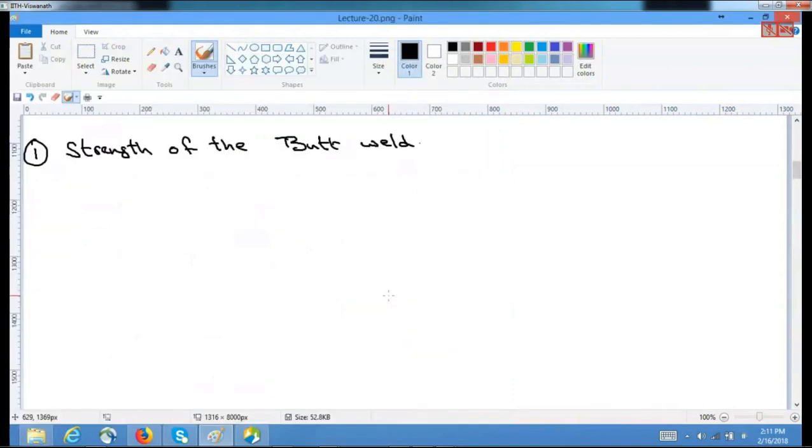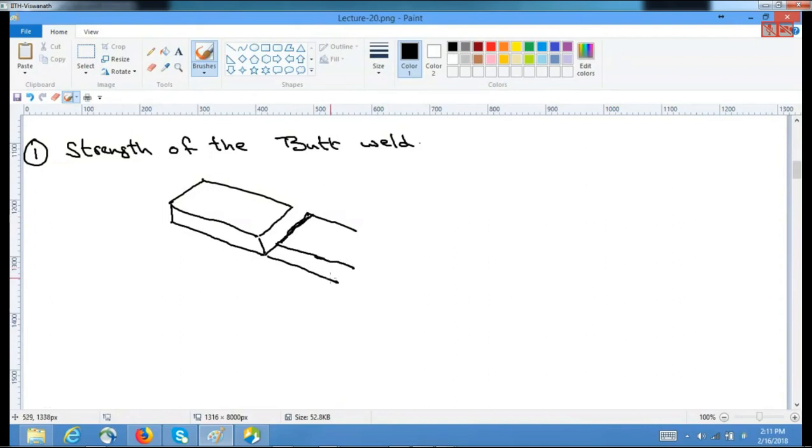In the butt weld, this is the weld bead.